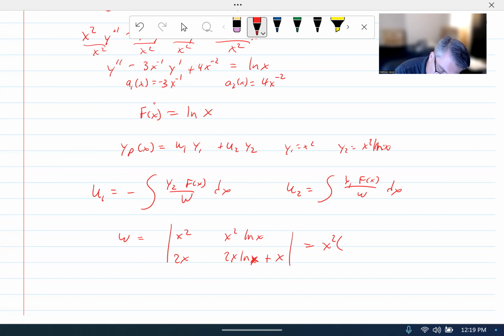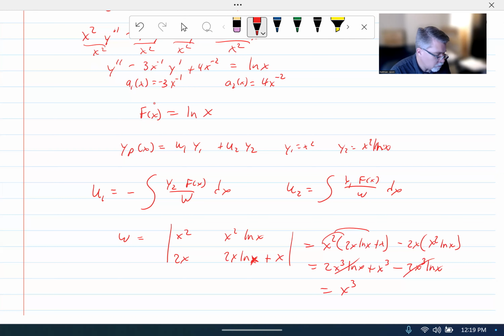It's going to be x squared times 2x natural log of x plus x, minus 2x times x squared natural log of x. Okay, so distribute: I get 2x cubed natural log of x plus x cubed minus 2x cubed natural log of x. So those cancel, and I'm just left with x cubed.